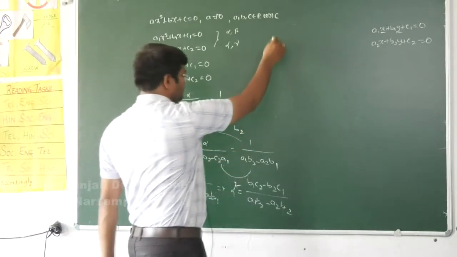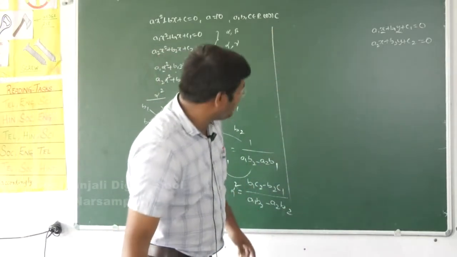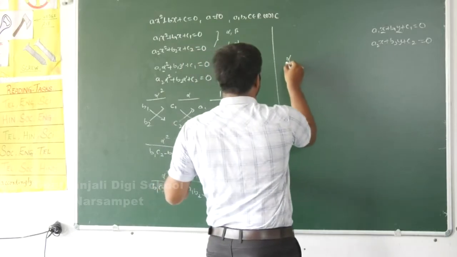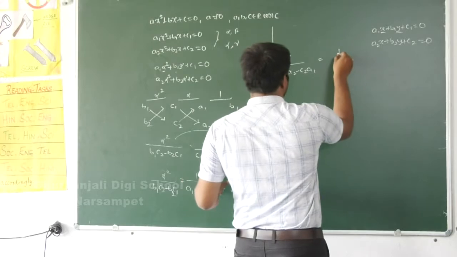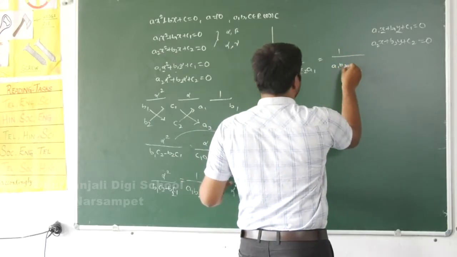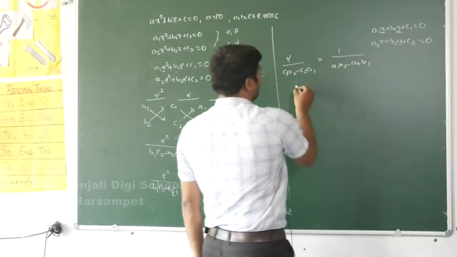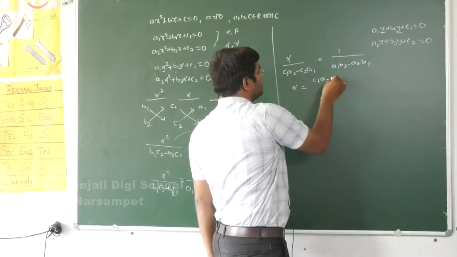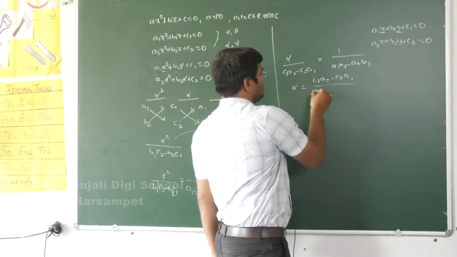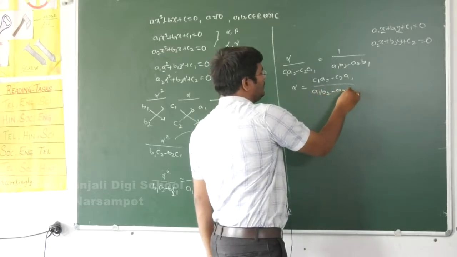And next, alpha by c1 a2 minus c2 a1 is equal to 1 by a1 b2 minus a2 b1. By this alpha is equal to c1 a2 minus c2 a1 by a1 b2 minus a2 b1.